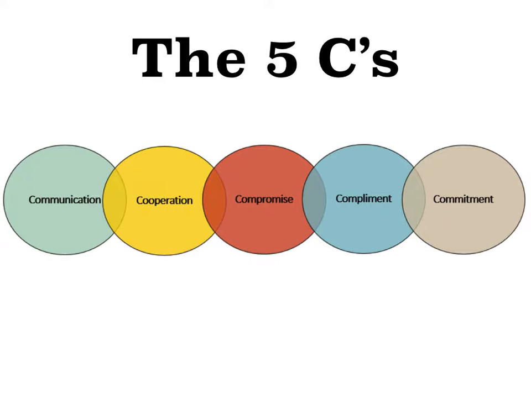Compliments, which help team members recognize and leverage the strength of each team member. And commitment, demonstrated by each team member's willingness to take on an equal part of the project. Together, the 5 C's are a recipe for successful collaborative online learning that creates positive perceptions and quality work.